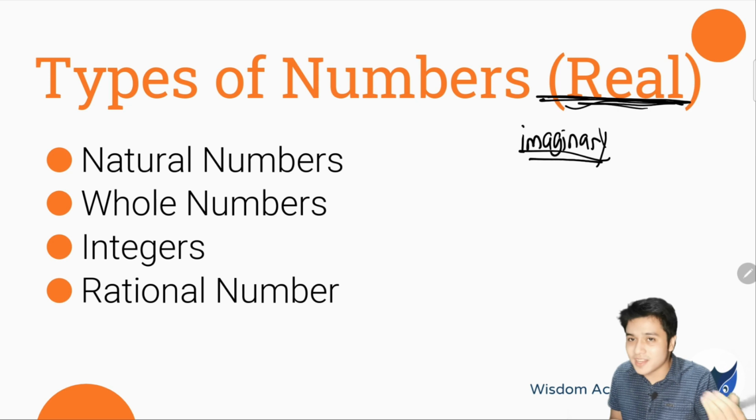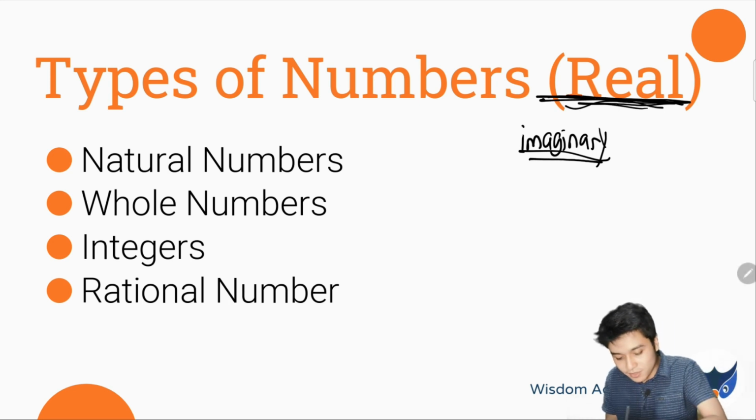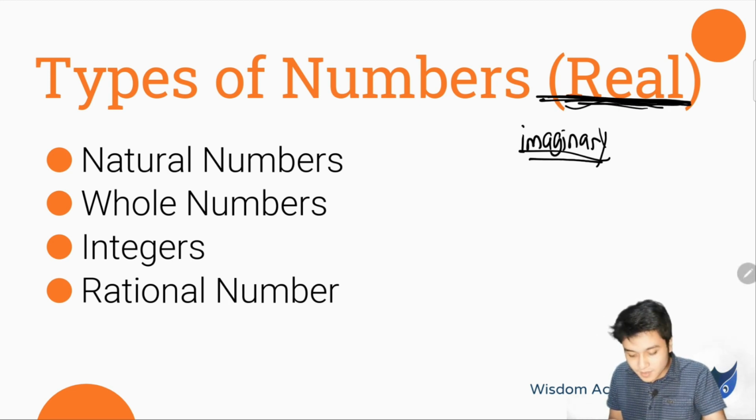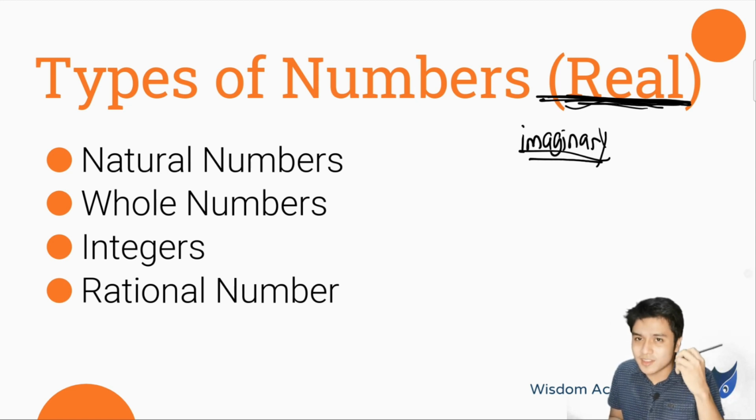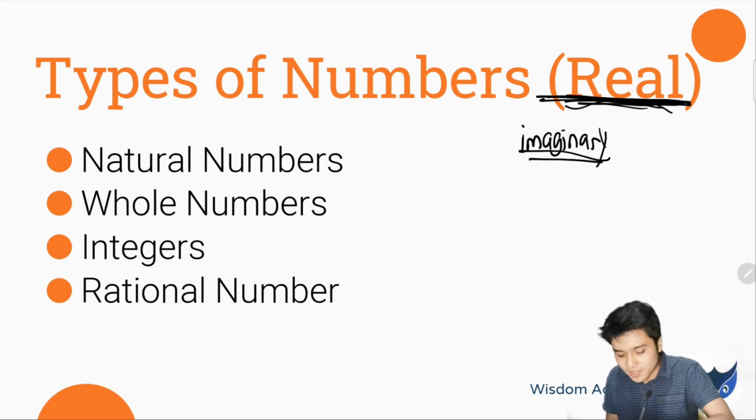Pero in one way, magagamit sila sa future applications natin, sa ibang series natin sa algebra. But specifically in this algebra series, we'll be discussing real numbers, yung mga numbers na hindi imaginary. Basically, numbers na totoo, hindi imaginary, yun yung real numbers.